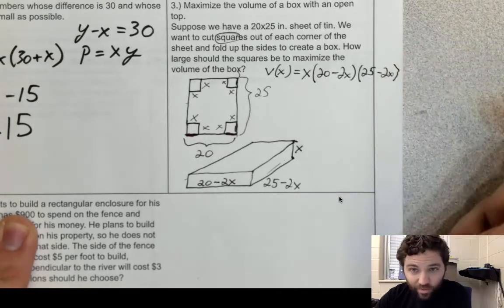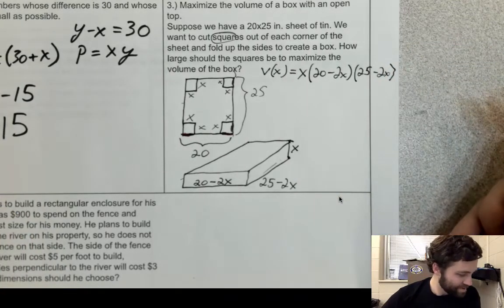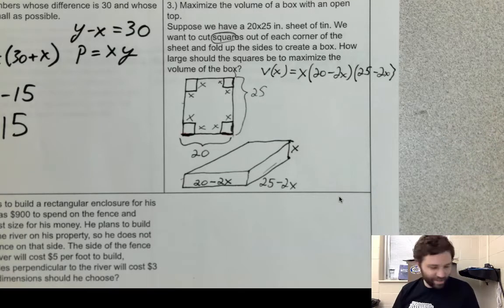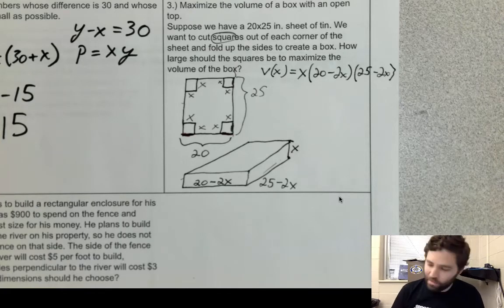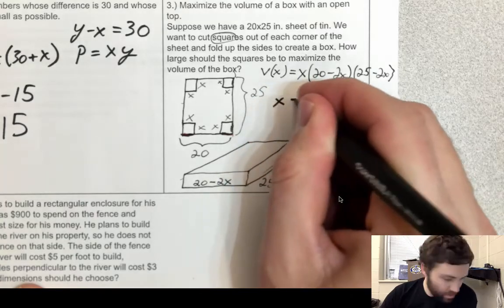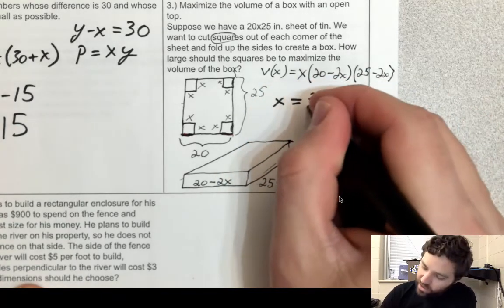I'm sorry, I almost ran out of space there. Okay, so that's what we're going to optimize. And take a look at the graph. In fact, just to save time in the video, I'm not going to show the graph, I don't think. But if you look at the graph, you should find the maximum is at x equals 3.68 inches.